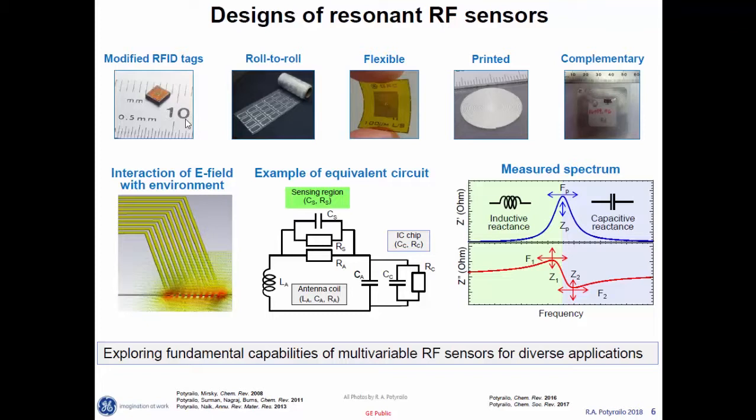The reason we're using them is that these are inductor-capacitor-resistor circuits, LCR resonators, and when we put the sensing materials on top of those, they respond quite well as sensors as well, in addition to being a tag. So we have two main embodiments of our sensors.